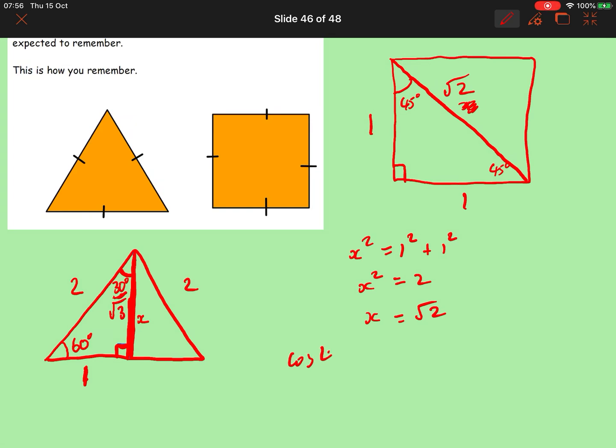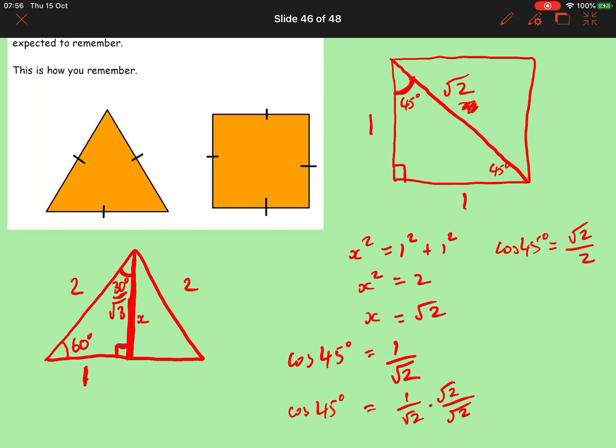So now let's say I want to find cosine of 45 degrees. Pick a 45 degree angle, and you've got the adjacent, which is 1, over the hypotenuse, which is root 2. Again, you might rewrite this as 1 over root 2 and rationalise the denominator. And so cosine of 45 degrees is equal to root 2 over 2. So both of them are the correct answer.